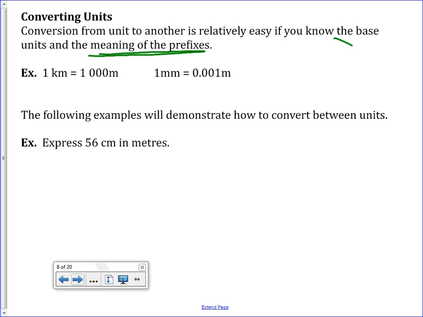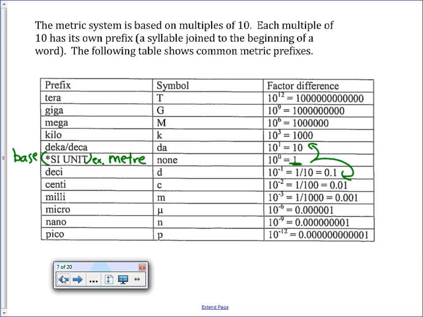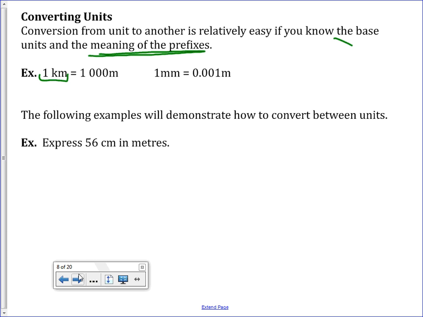So for example, if we have 1 kilometer, if we go back and look at our chart, so here is a kilo, and a kilo indicates a factor of 1,000 difference between the kilo and the base unit. So what that means is that, for example, 1 kilometer will be the same as 1,000 meters.